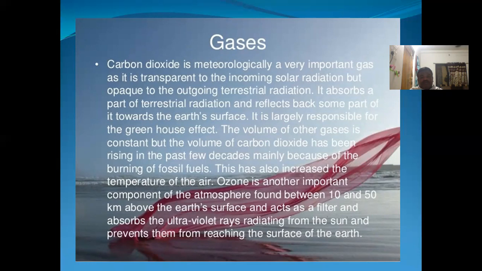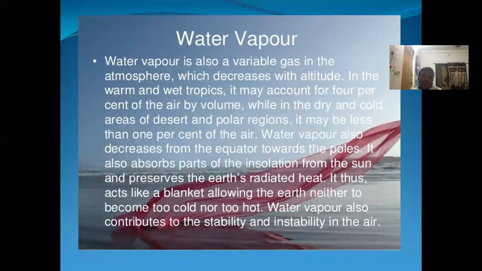Ozone is another important component of the atmosphere, found between 10 and 50 kilometers above the Earth's surface, and acts as a filter and absorbs the ultraviolet radiation from the sun and prevents it from reaching the surface of the earth. This is a very important statement.